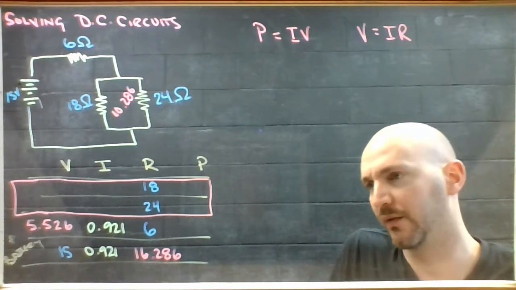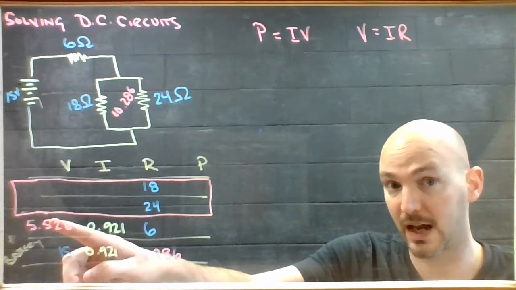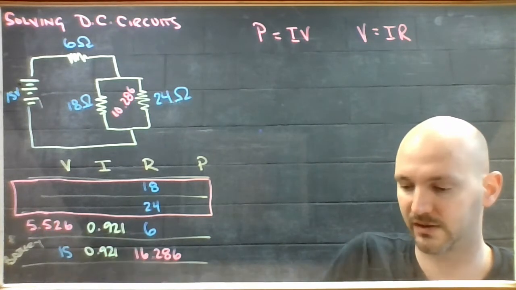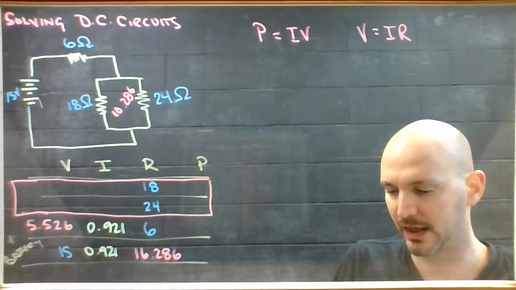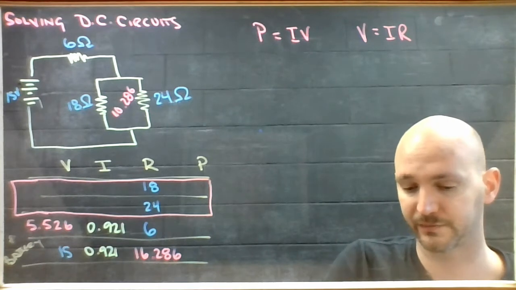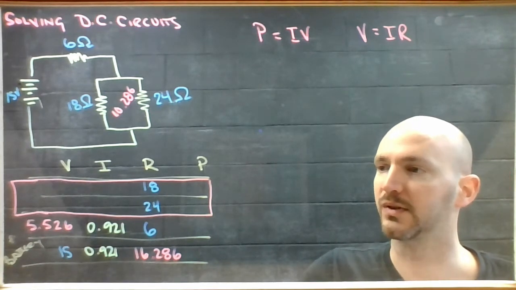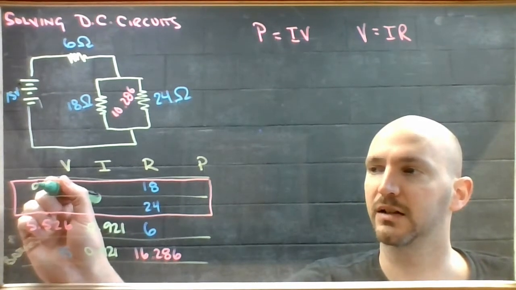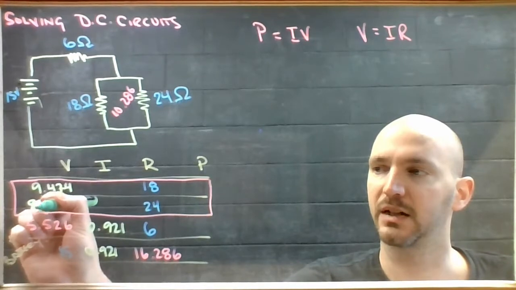So there were 15 volts to start with, and I've already accounted for 5.526 of them. So if I subtract that from the total, I'd end up with 9.474 volts. And those 9.474 volts are either absorbed here or they're absorbed here.